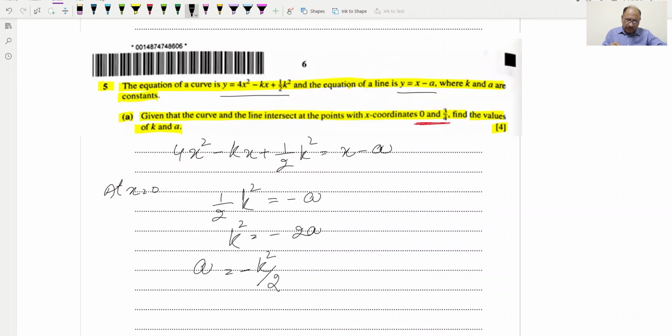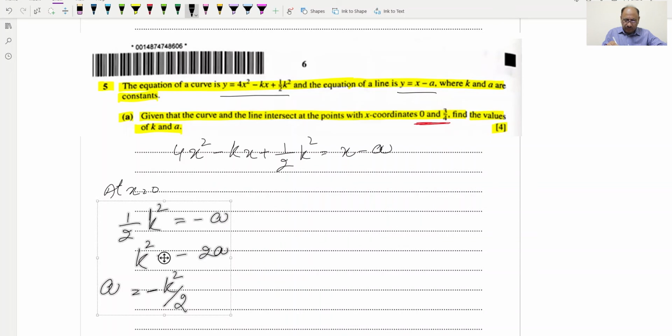Now this value, which I will shift a little over here so that we can use this space. So at x is equal to 3 by 4, which is the other value, they are saying that these are the points of intersection, the x-coordinates of the point.